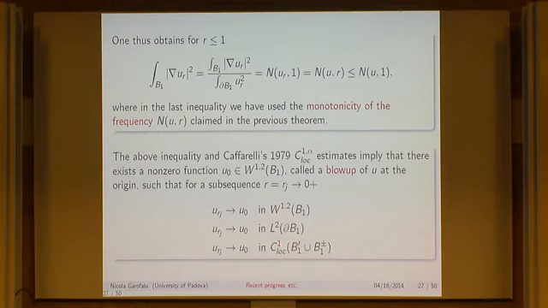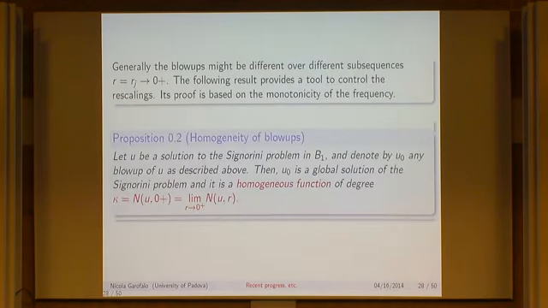Okay, now you want to make sure that when you pass to the limit along different sequences, you don't get different functions, and you can prove all these things once again using the monotonicity. But the first thing is that this little proposition here helps you in identifying the blow-ups.